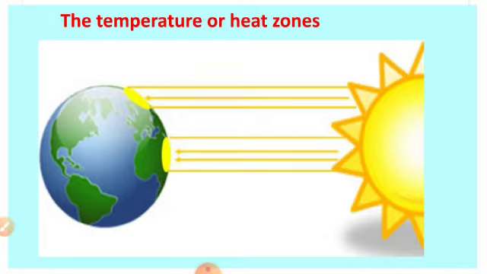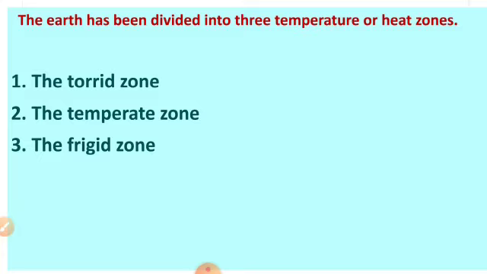Based on the intensity of heat received from the sun by a particular place, the earth has been divided into three temperature or heat zones. What are they? The first one, the torrid zone.